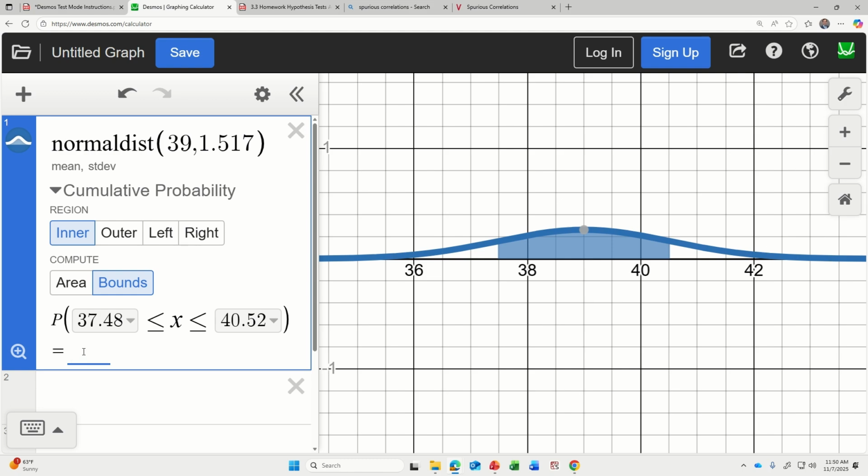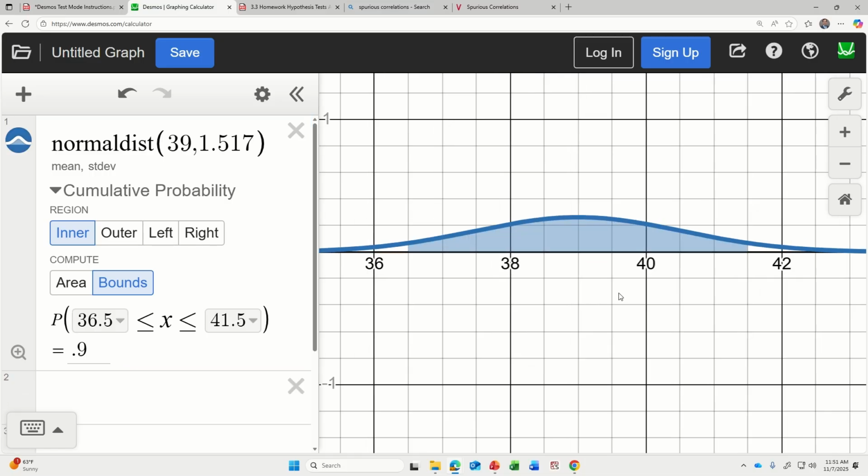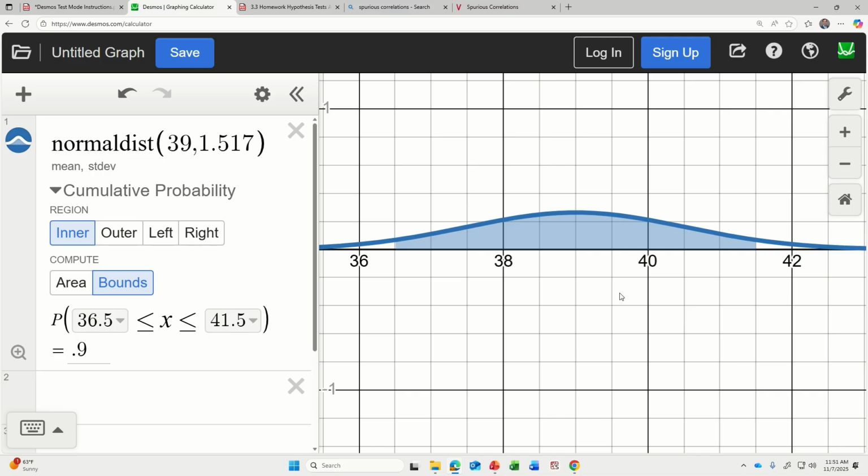When I choose bounds, it's going to ask me, what do I want the probability to be equal to for a 90% confidence interval? What do I type in? 0.9. I want 90% confidence, so I want the probability to be 90%.